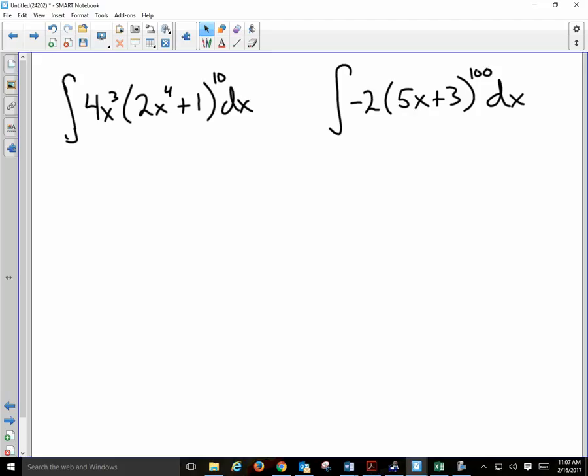Use substitution. The integral of 4x cubed times 2x to the fourth plus 1 to the 10th dx. And then we have the integral of negative 2 times 5x plus 3 to the 100 dx. Again, these are the basic type of problems before we switch things up a little bit. We have to get these before we feel confident moving on. Give them a shot. I'll give you some time here.